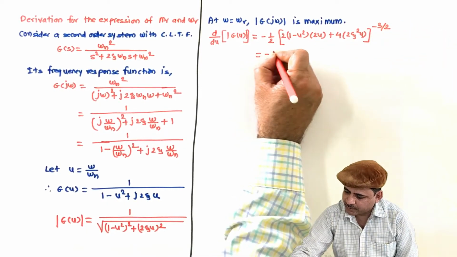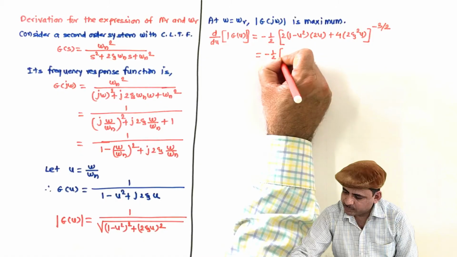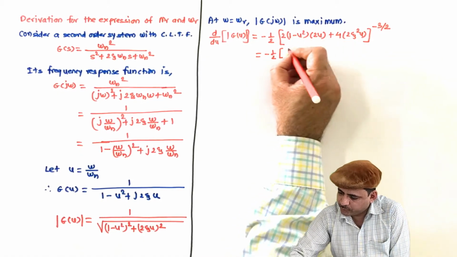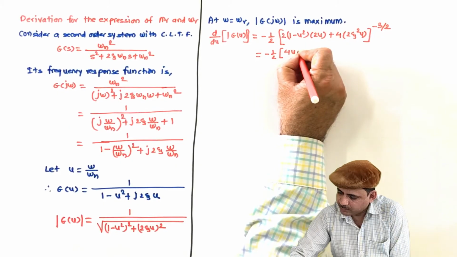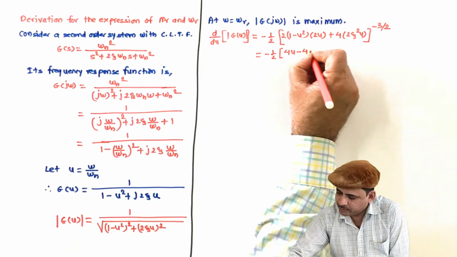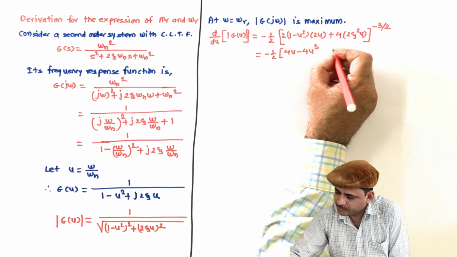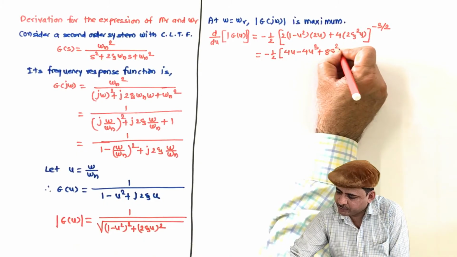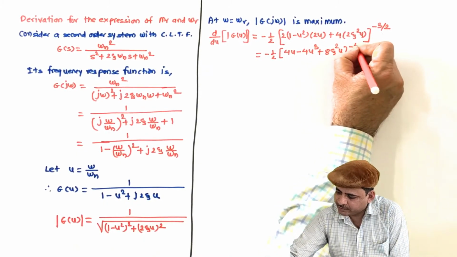So it will be equal to minus 1 by 2 into bracket, this will be 2 into 1, 2, 4u minus 4u cube plus 8 zeta square u, raised to minus 3 by 2.